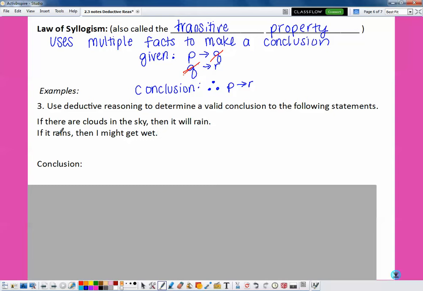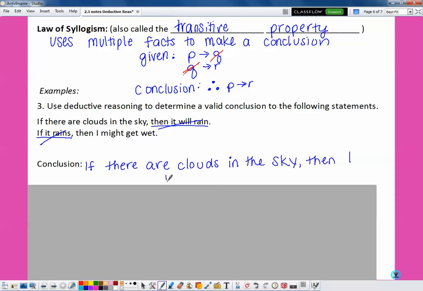We have the same statement at the end of the first and the beginning of the second. So we can cut out the middleman and draw the conclusion that if there are clouds in the sky, then I might get wet.